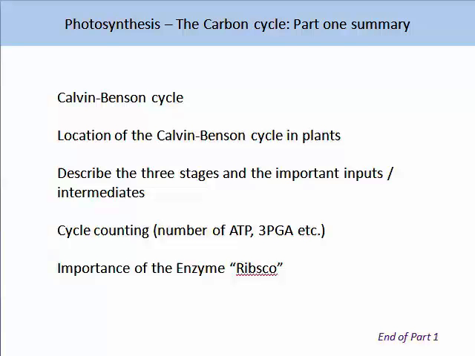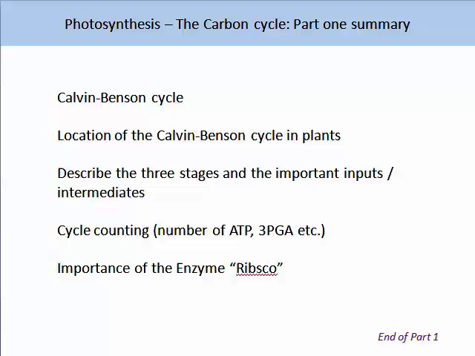You will understand that the Calvin-Benson cycle contains 3 stages. You will understand the important inputs and intermediates in these stages, as summarised in the slides previously. You should be able to account for the cycle.